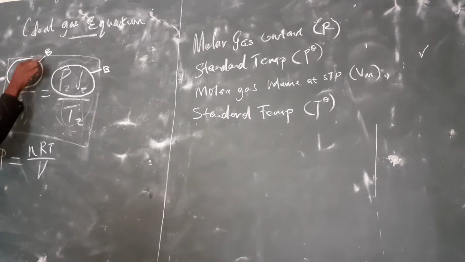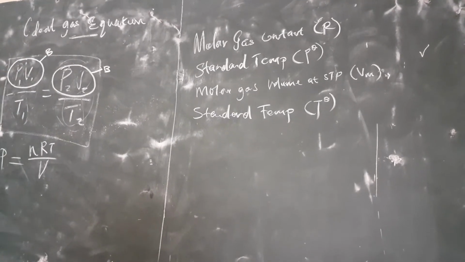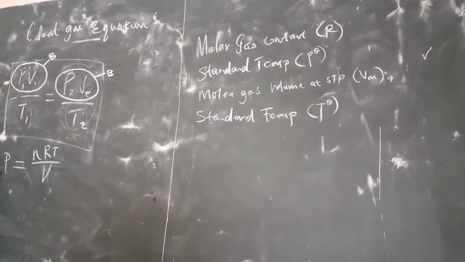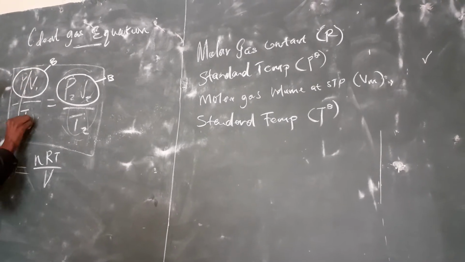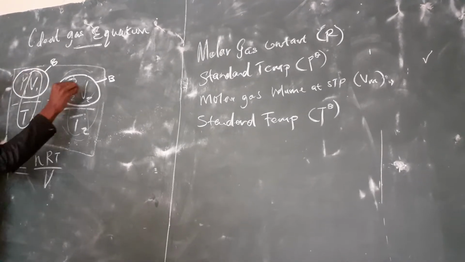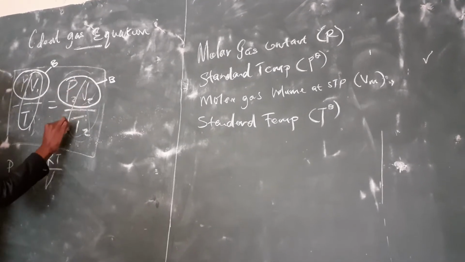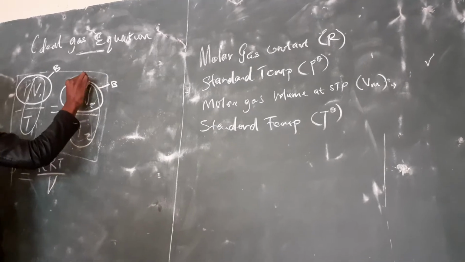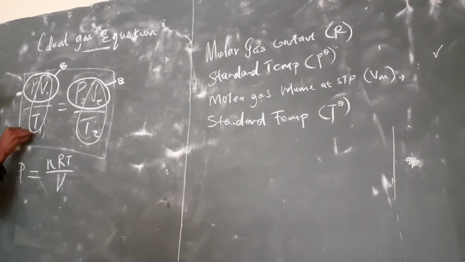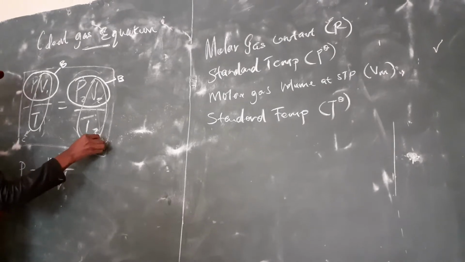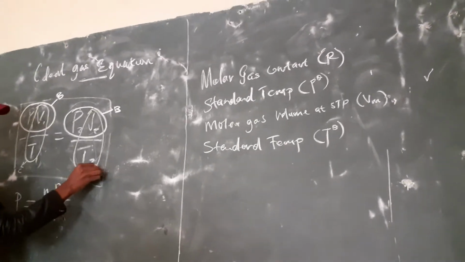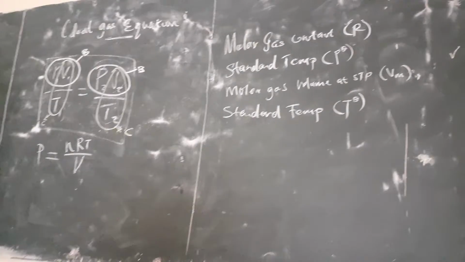This one is B, is PV. Now we are moving to this one. This one will be our C, meaning that it is our Charles' law.